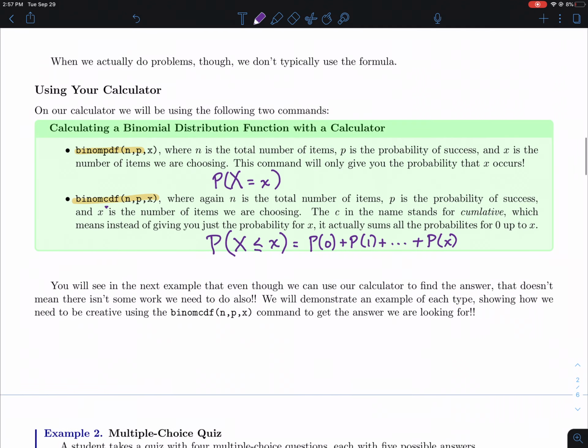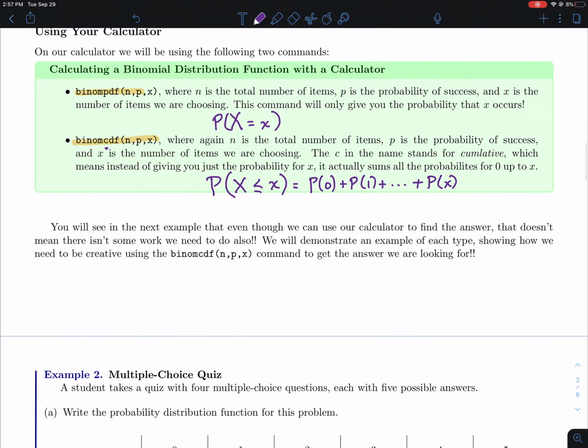So, if you notice, I've written the way you'll actually type this into the calculator, and it's consistent regardless of whether it's binomial PDF or CDF. N, remember, is the number of trials. P is the probability of success. And X is the number of successes.